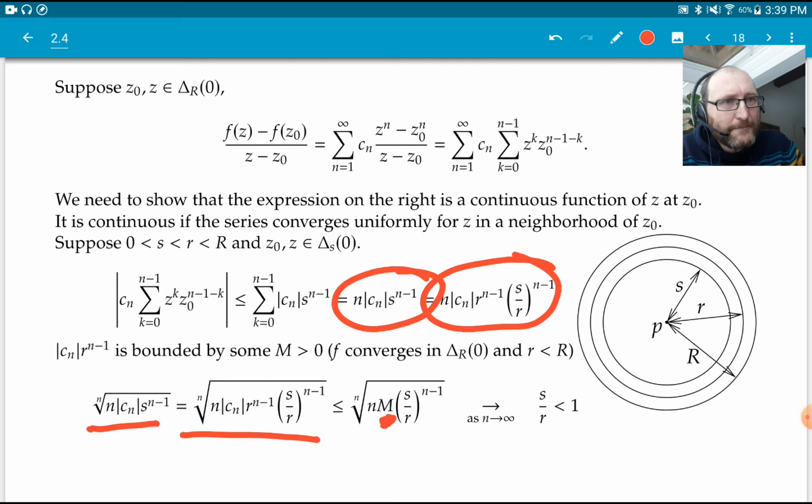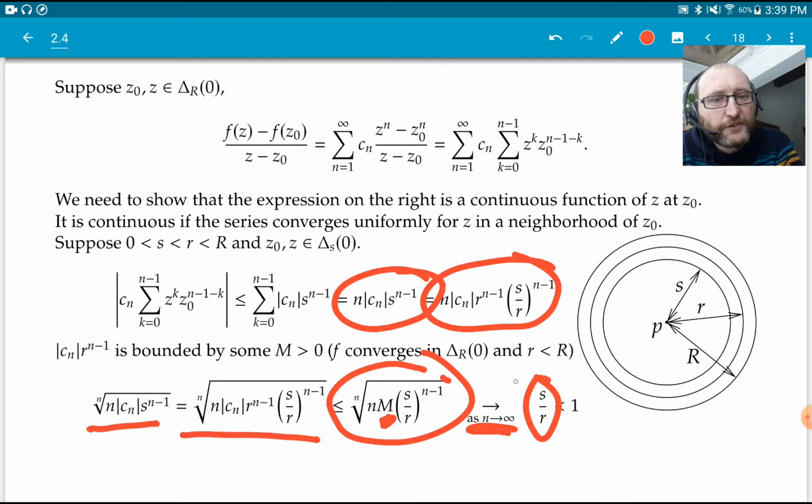The nth root of m, since m is not moving, also goes to 1. And the nth root of s over r to the n minus 1 just goes to s over r. So really this whole thing, as n goes to infinity, goes to s over r.